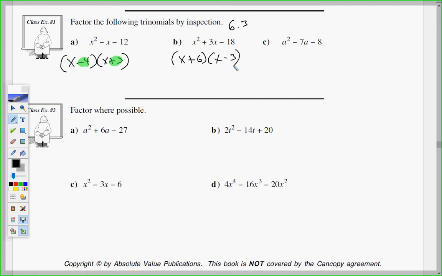Okay, good. We'll do C here, and then I'll let you guys try these ones. Remember, it says where possible, so there might be one here that's not possible. But let's get up here first. Factors of 8 that give me 7 would be 8 and 1. Since that's negative, the bigger one's negative, so it's negative 8.